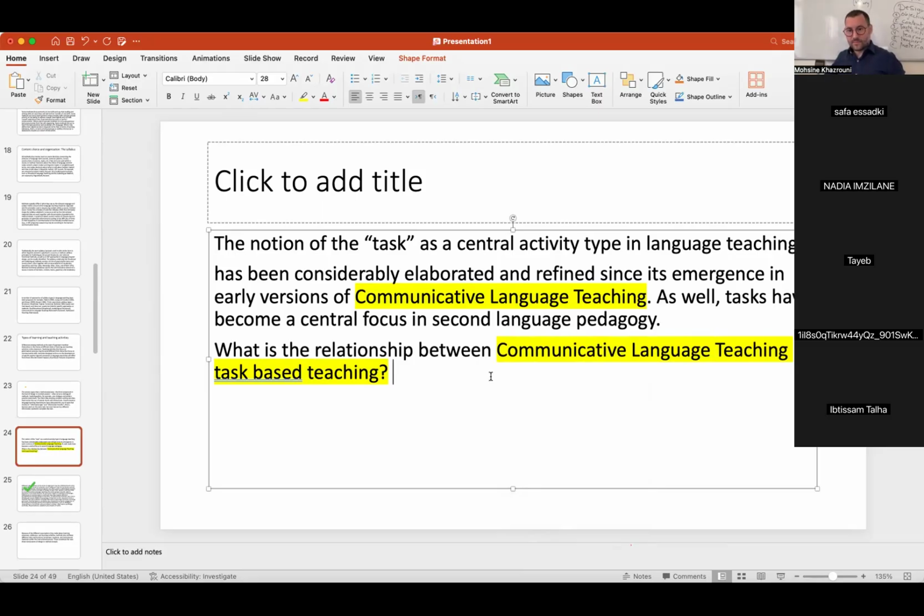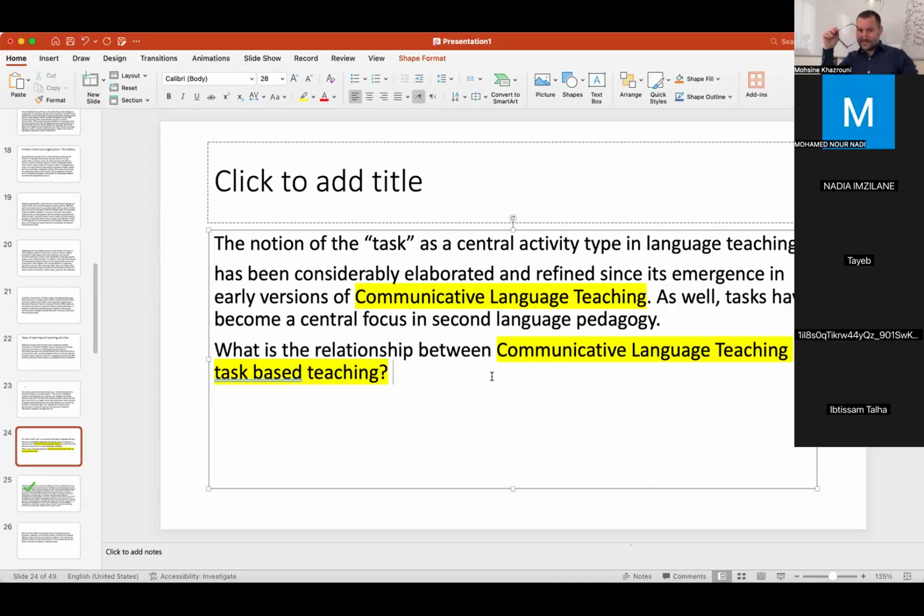Professor, can I say a few words? Yes, go ahead. Basically, task-based language teaching is connected to communicative language teaching because they both focus on using language to communicate, not just learning rules.